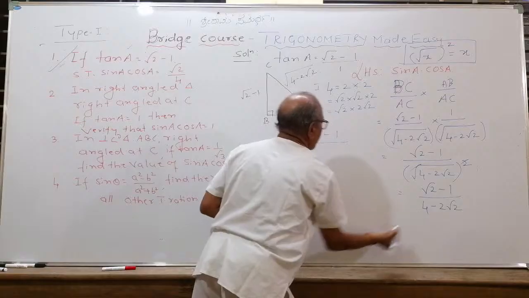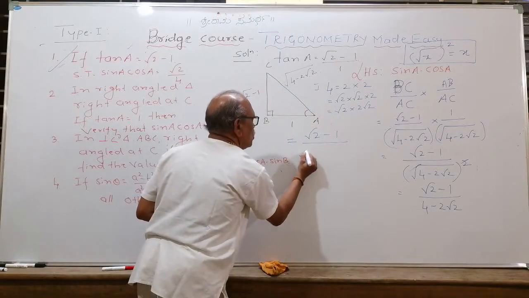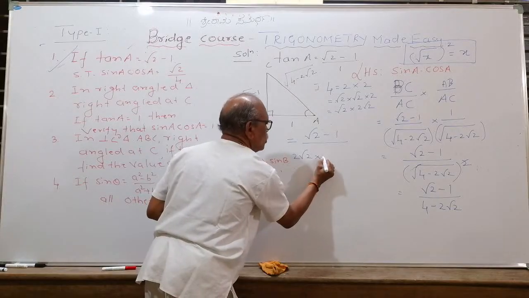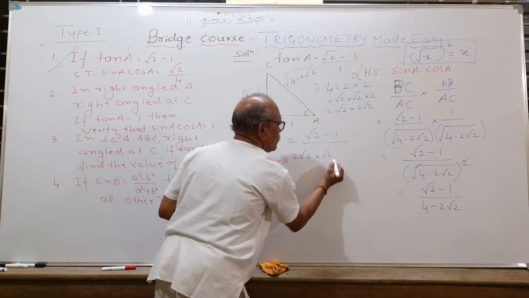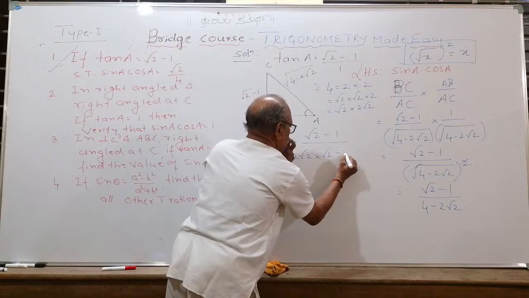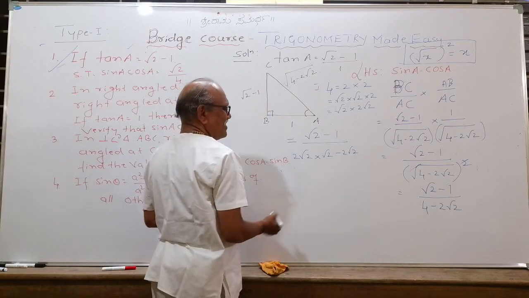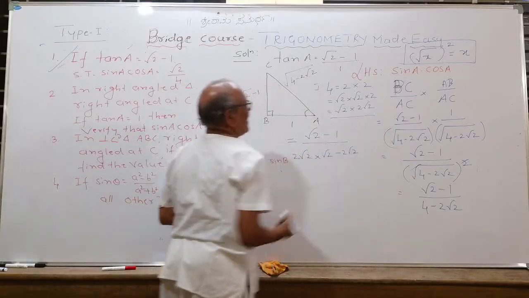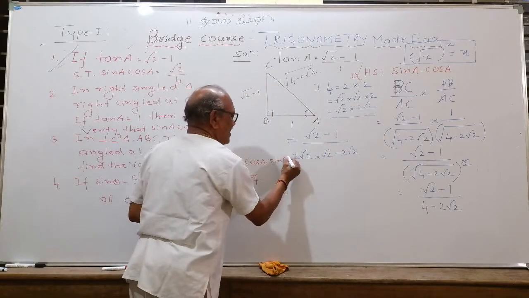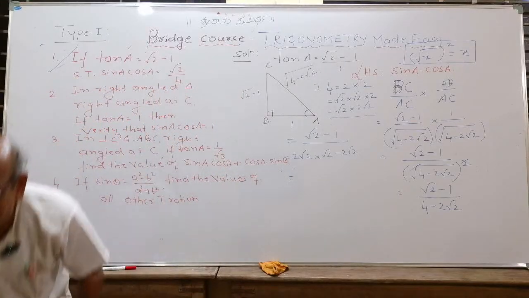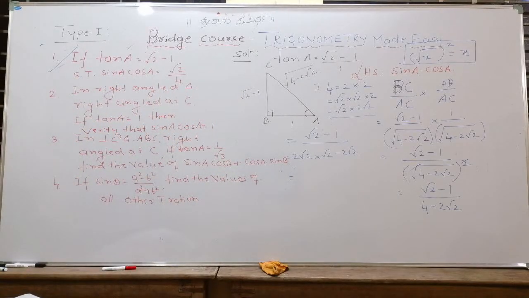Let me write this 4 as root 2 into 2 root 2, minus 2 root 2. Can you observe? This is the interesting thing. This is the trick. Therefore, I told you, last part.